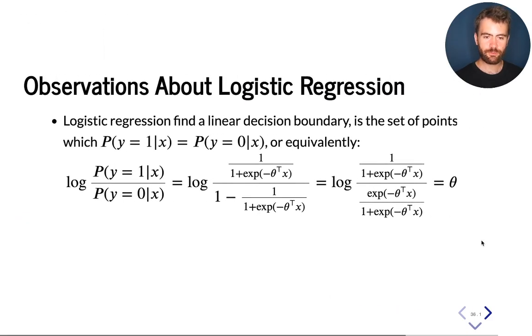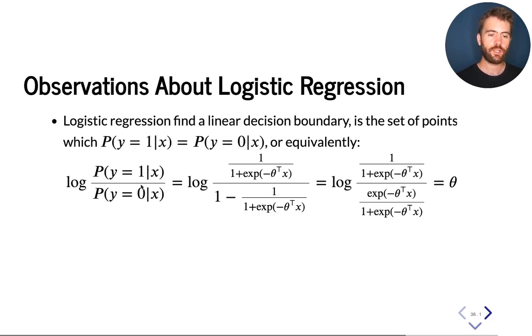I will make a few observations about logistic regression. One observation is that the fact that the decision boundary was linear is not a coincidence. Logistic regression is still an algorithm that finds a linear decision boundary between the two regions, and we can convince ourselves that this is the case via the following expression.